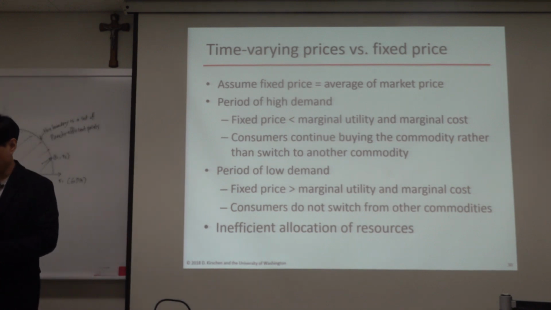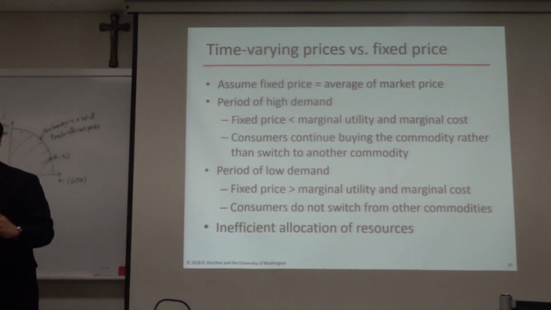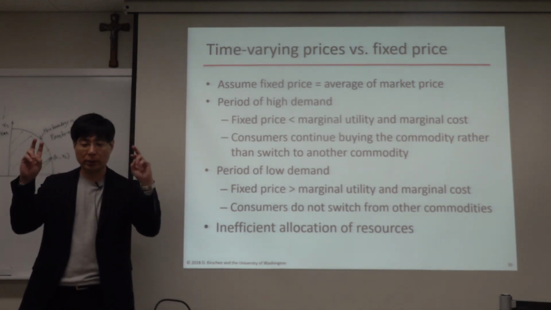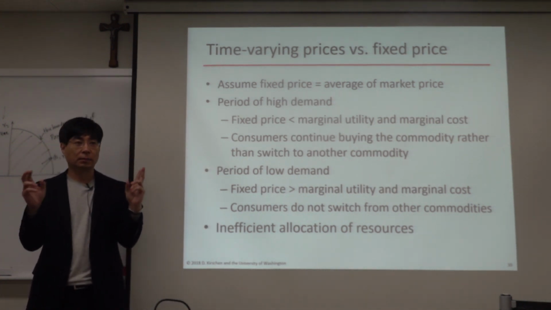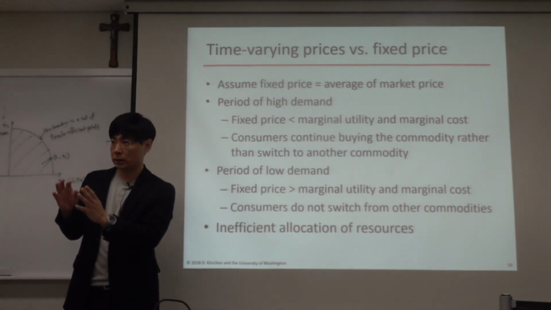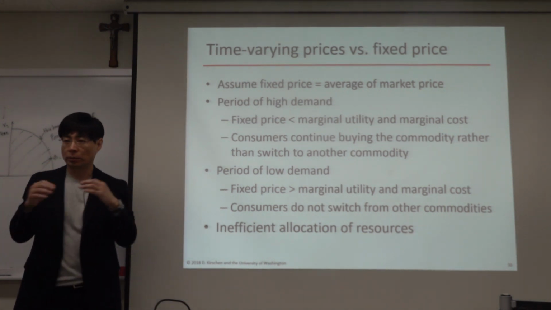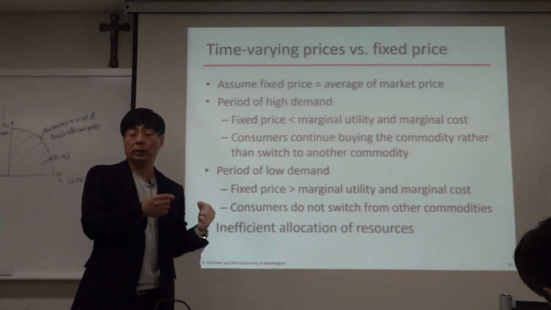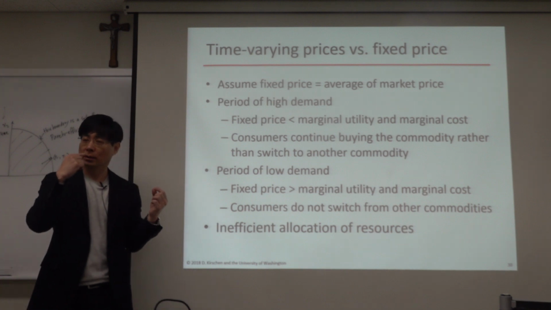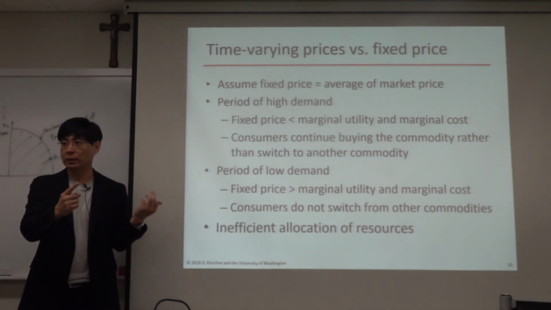The slide is not updated. Because last time and today, we are going to use the terminology marginal a lot. Marginal utility for consumers and marginal cost for producers. So marginal utility is the utility that the consumer gets by consuming one more unit.